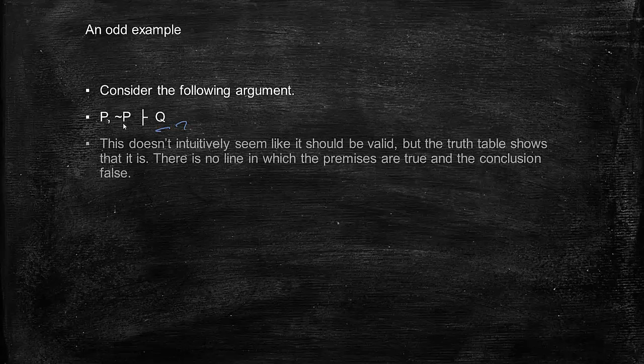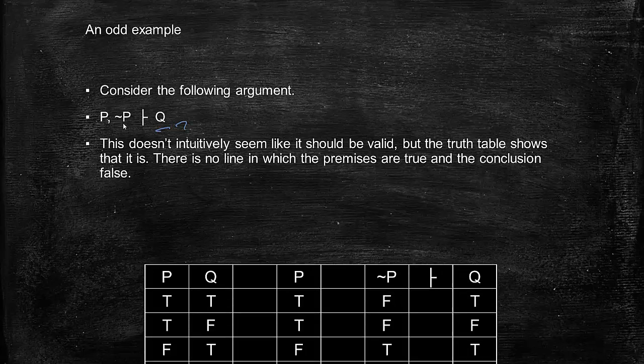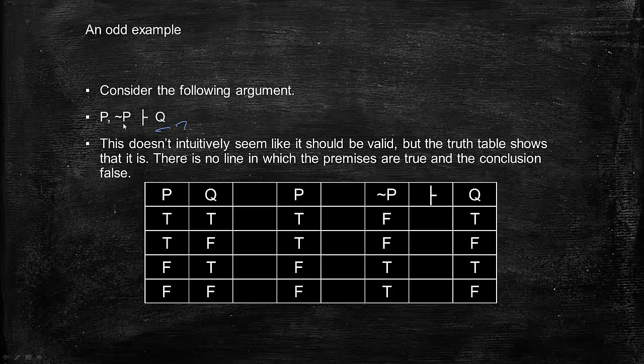It actually turns out that it is a valid argument, and we can show that with the truth table. So why is this a valid argument? There's only one reason: there's no assignment of truth values to the premises where the premises are true and the conclusion is false.